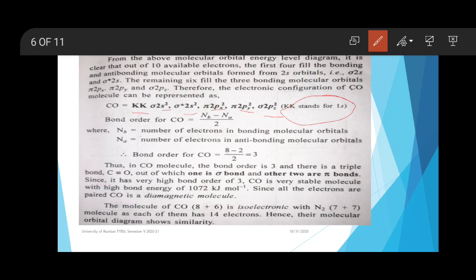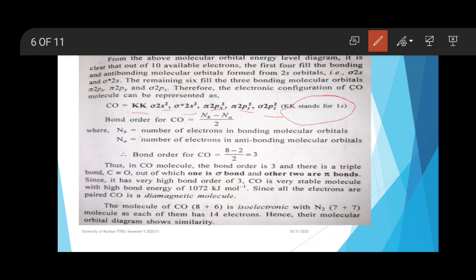So the bond order of the CO molecule is equal to what? The number of electrons in bonding molecular orbitals minus the number of electrons in antibonding molecular orbitals, divided by 2. So (Nb minus Na) upon 2 is the bond order, where Nb is the number of electrons in bonding molecular orbitals and Na is the number of electrons in antibonding molecular orbitals.